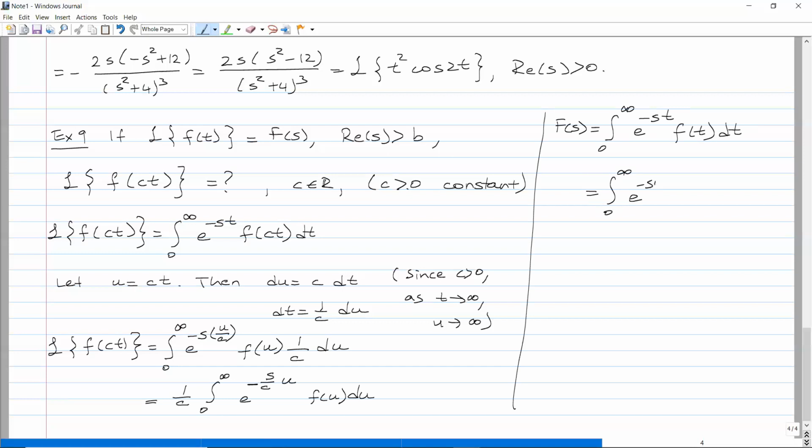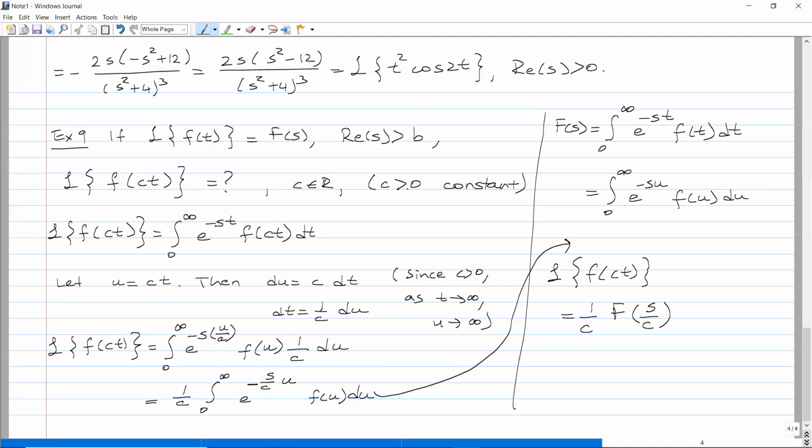So instead of t, I can write u. So if I go back to my integral, Laplace transform of f of ct, first of all, I have 1 over c, and in the integral, instead of s, I have s over c. So in capital F, instead of s, I use s over c.